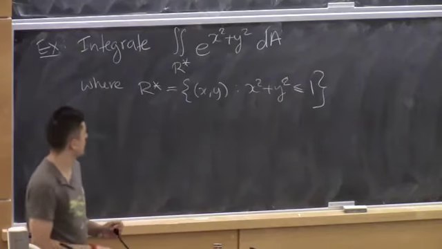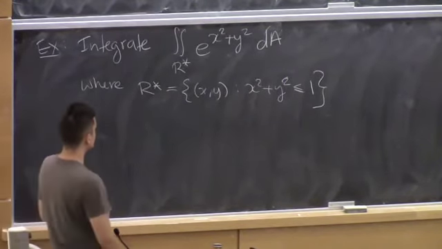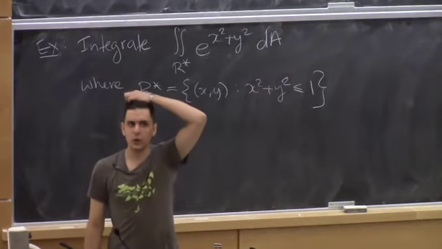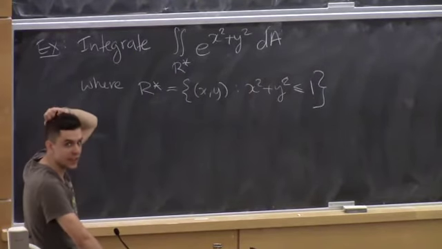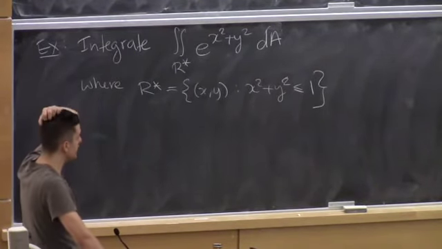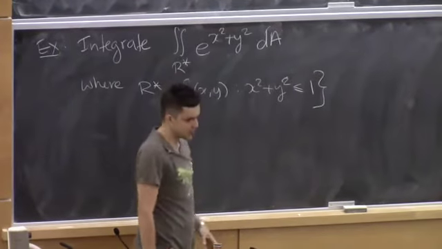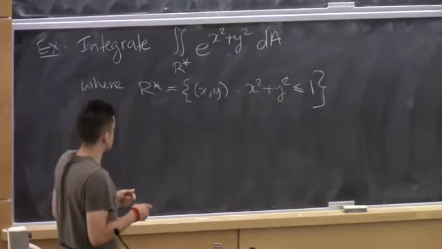So integrate e to the x squared plus y squared over this disk. Quite hard to do because it's very hard to get an antiderivative for e to the x squared. So this e to the x squared will give us a lot of difficulties unless we switch coordinate systems.